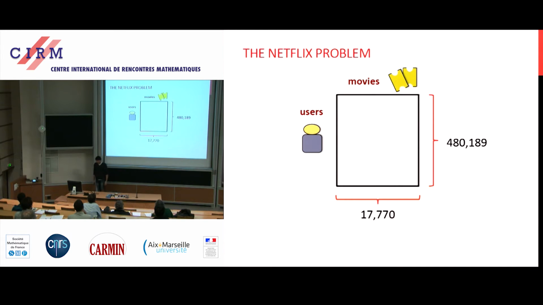Something that was a little surprising to me when you look at this data set is that it's not quite as big as you think. It's about 500,000 different users and about 20,000 different movies. Of course, it's natural to think about this as a really sparse matrix. After all, how many movies would you actually rate? But it's actually not as sparse as you would think.